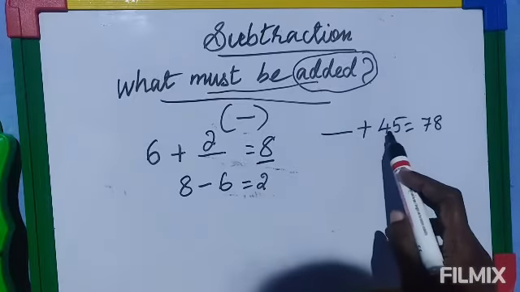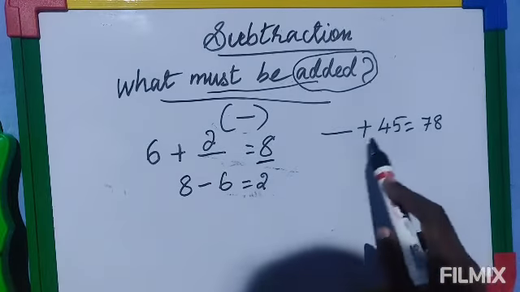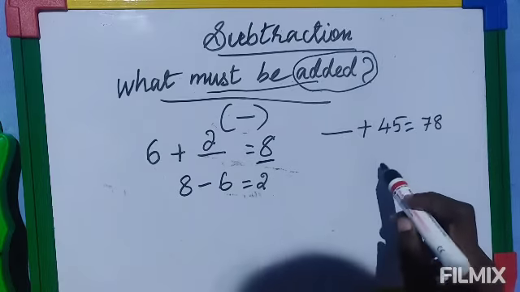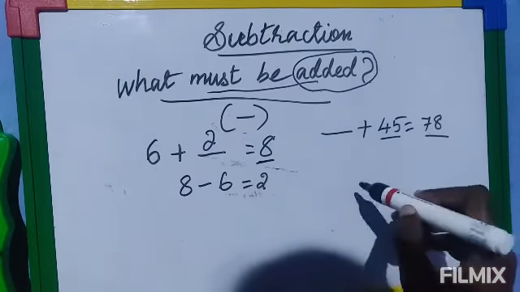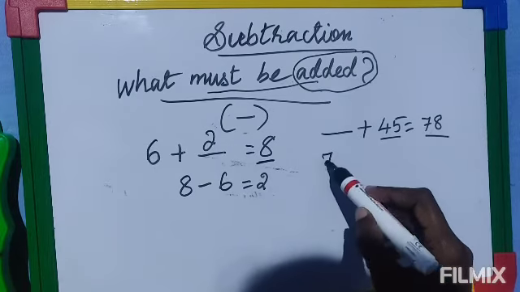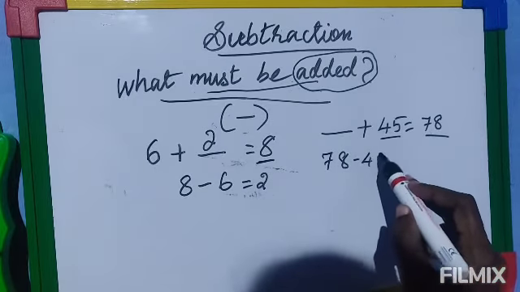Now what must be added with 45 so that you will get 78? If it is given like this, I told you to minus. When you minus, write the big number first. In 45 and 78, the big number is 78. So from 78 you will minus the smaller number 45.